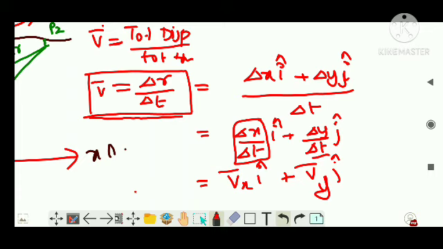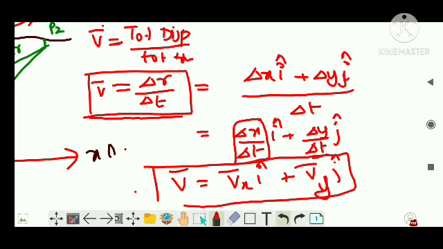See, average velocity is change in displacement by change in time. Similarly, delta x by delta t is change in x distance by change in time, so that is the average velocity in x direction. So I will write total average velocity as average velocity in x direction plus average velocity in y direction.